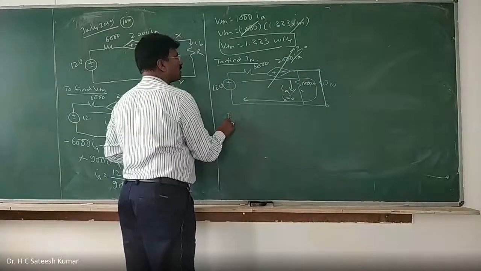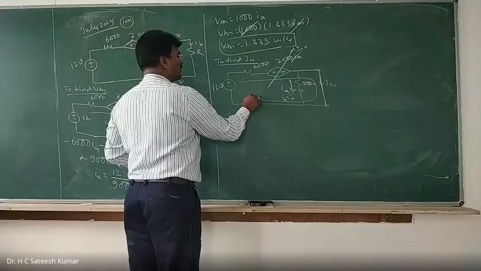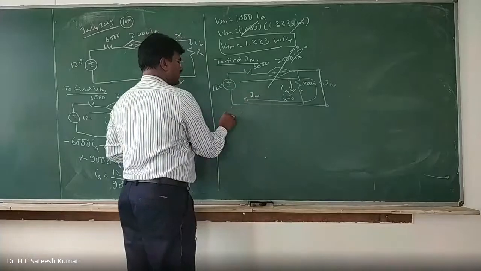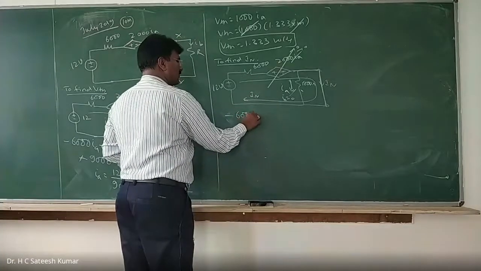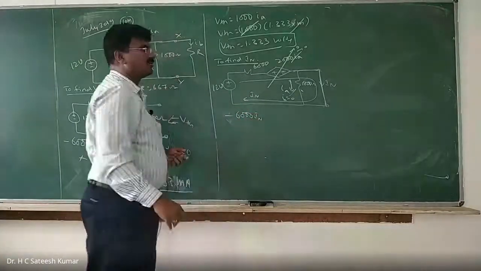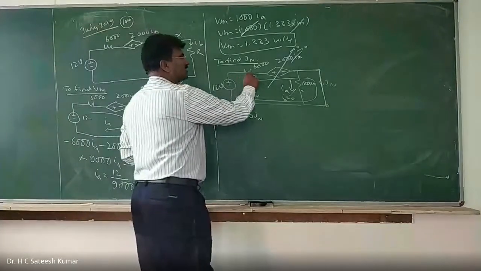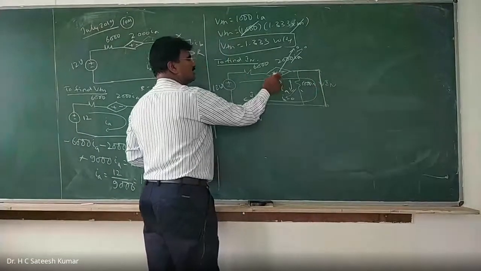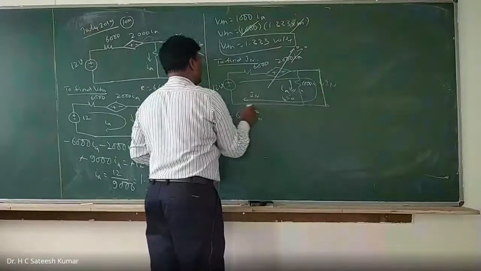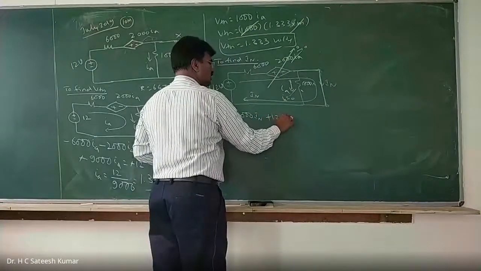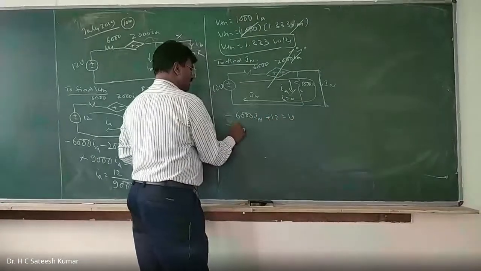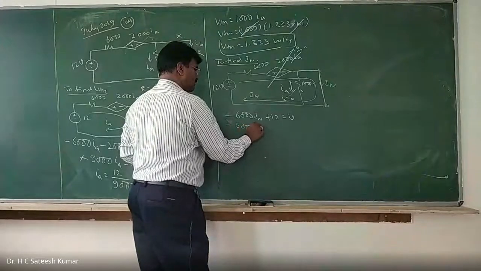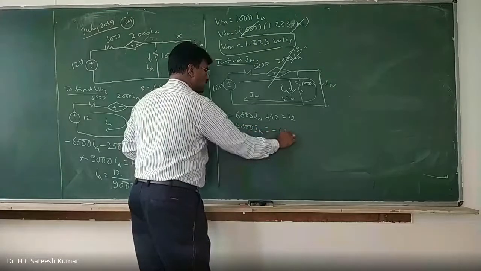IN is equal to, what do we have? Start from this. This loop current you can call IN now. Minus 6000 IN. Here this becomes 0, short circuited, and plus 12 is equal to 0. Minus 6000 IN is equal to minus 12.